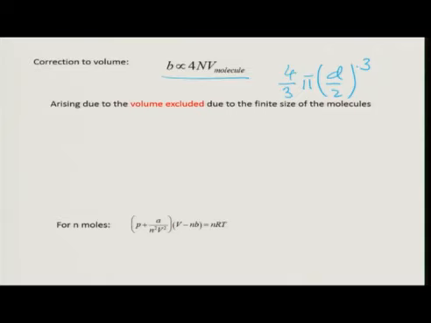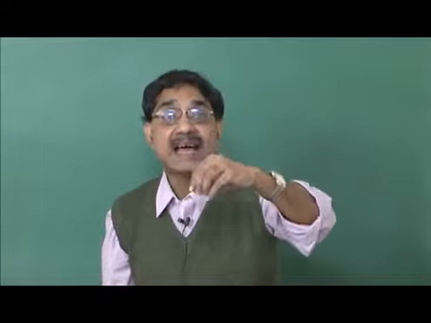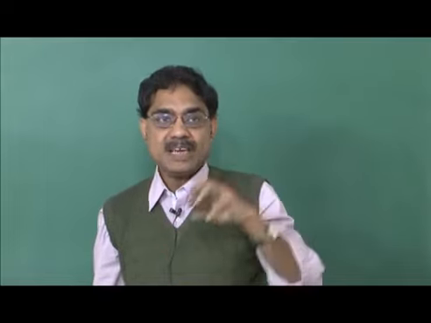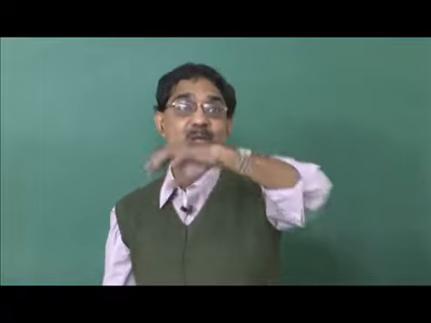What does B represent for us? B tells us if I take a molecule, the entire volume is not accessible to it. Each molecule has a volume which is excluded.